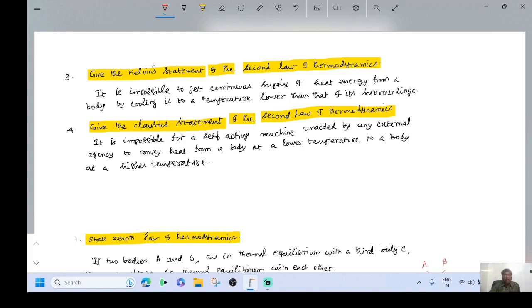According to Clausius, it's impossible for a self-acting machine unaided by any external agency to transfer heat from a body at a lower temperature to a body at a higher temperature. It's impossible to transform heat energy from a cold body to hot body without the help of any machine.